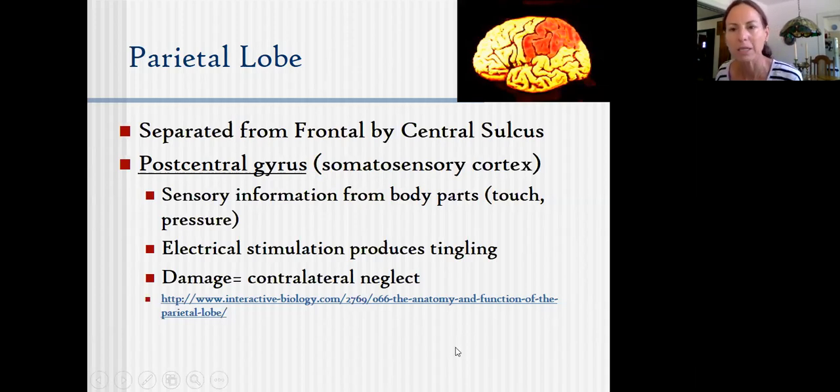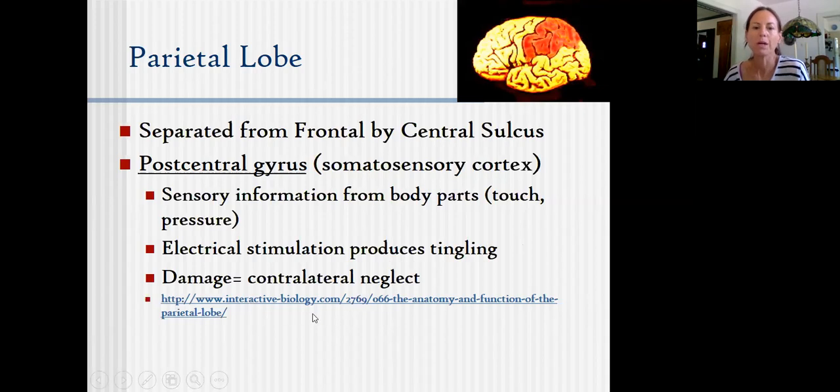Right now we'll talk about the postcentral gyrus, which comes after the central sulcus, thus post. We call that the somatosensory cortex, and all of the touch and pressure information from all the body parts goes there. They first recognized that this area had to do with touch because if you electrically stimulate parts there, people will feel tingling in their hand or their foot or various parts of their body.